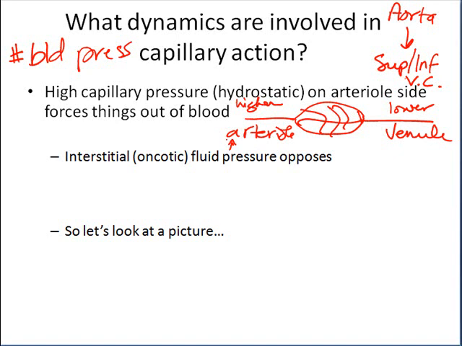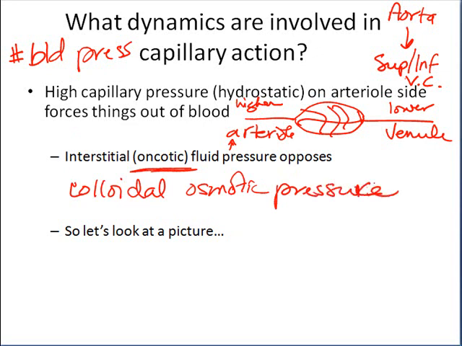Now, blood pressure isn't the only thing that we're going to see on the next slide that comes into play with determining which way fluids move into or out of the capillary. There is another fluid pressure that also contributes to the behavior of capillary exchange, and that is something called oncotic pressure. Some books call it colloidal osmotic or oncotic pressure.